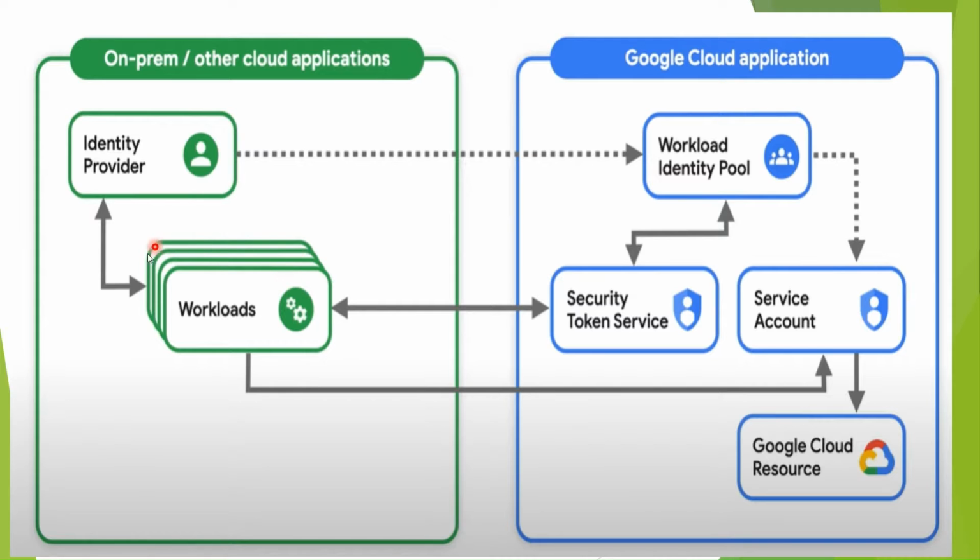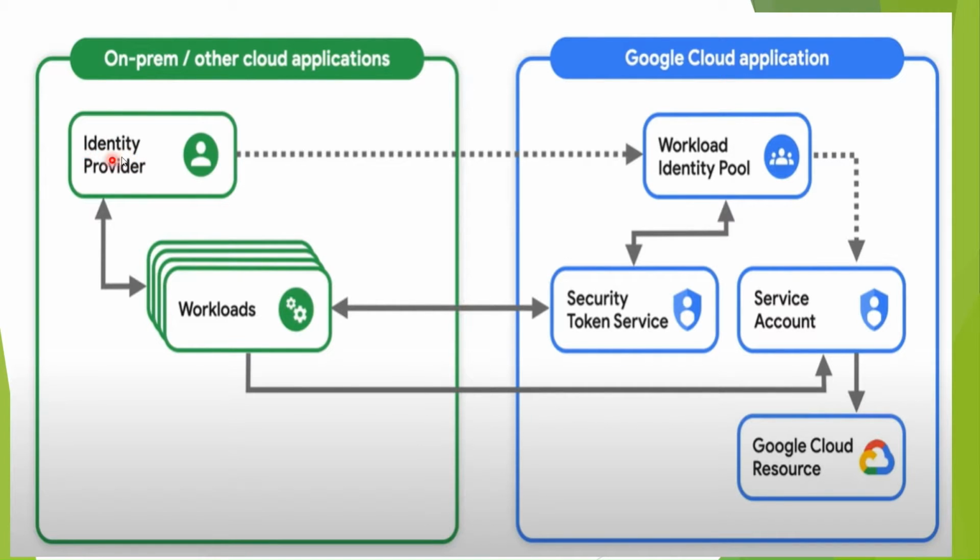So suppose this is your workload, any application which is running on-prem or on any other cloud. And now suppose it wants to access a resource running in Google Cloud. What we will do is first create a workload identity pool in which we will configure your identity provider.